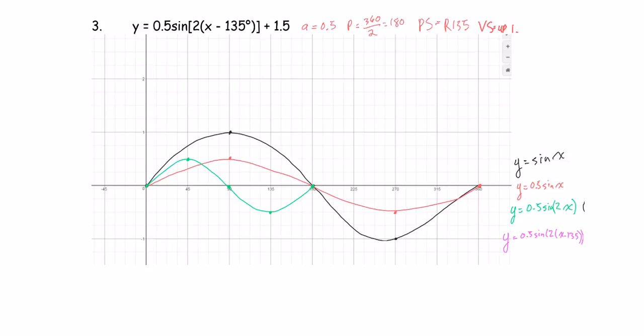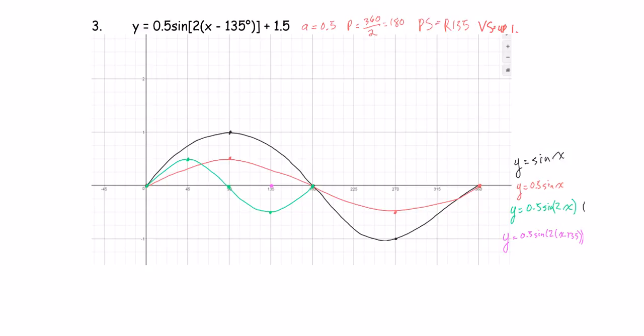So each of the points that are on this green graph are moved 135 degrees to the right. So this point here, our 0, moves all the way over here. And all I'm going to do is move every one of those points exactly 135 degrees to the right. The easiest way of doing that is start with the last point, put our point down. Our new point is at 135, so I'm going to write that in.